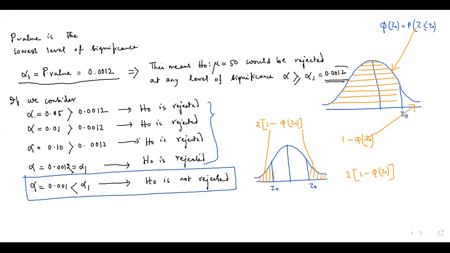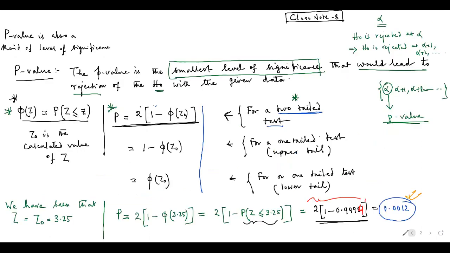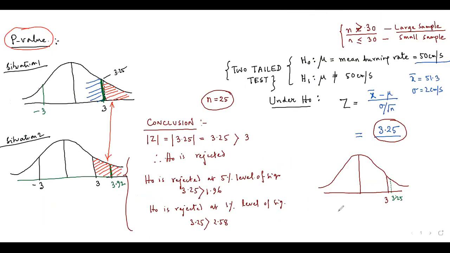So you have to choose your level of significance. So in the beginning of the problem, we actually drew the conclusion, but we were very much confused about the position of the z value in the diagram, whether it is closer to the acceptance region or is it deeper into the rejection region.